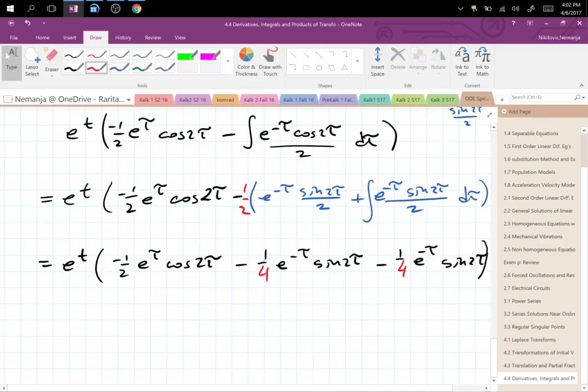So now, why are these two terms the same now? 1/4 the sine. Oh, because I didn't integrate. So 1/4 integral e to the negative tau sine 2 tau.